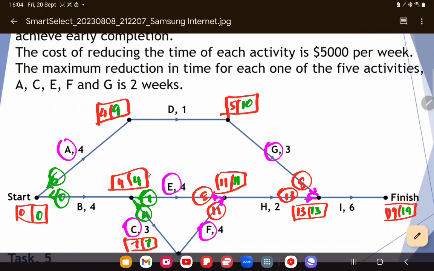So if we can reduce activity A and G by 2 weeks, currently what we have is, so let's say we reduced A by 2, so we have A2 here, and that takes this up to 2 here, and 2 plus 1, because D is not a reducible activity, will take us to 3 as the earliest starting time for activity G.